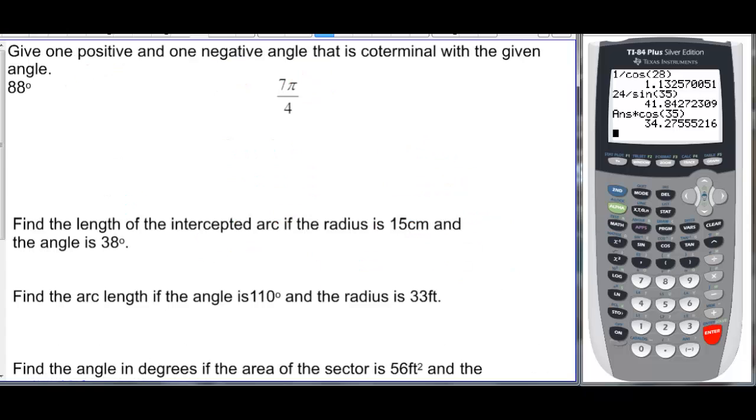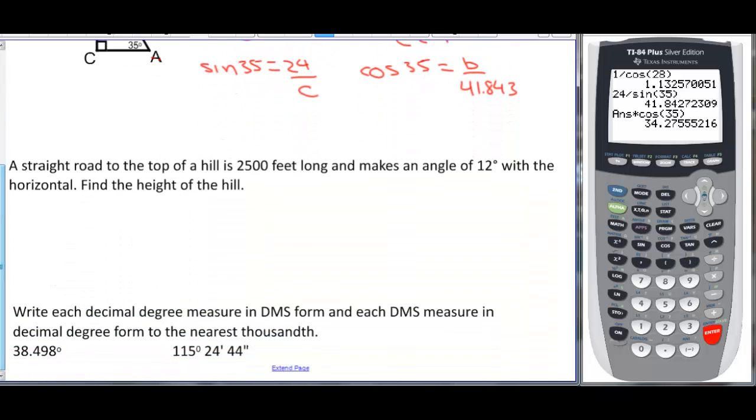A straight road at the top of the hill is 2,500 feet. All right, so this is the 2,500, and it makes an angle of 12 degrees with the horizontal. So there's 12 degrees. Find the height of the hill. So we're finding height right here.